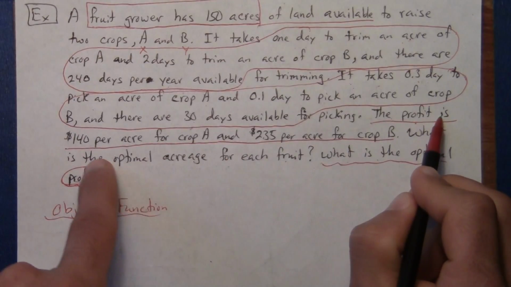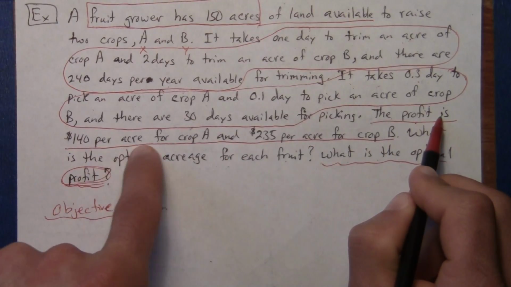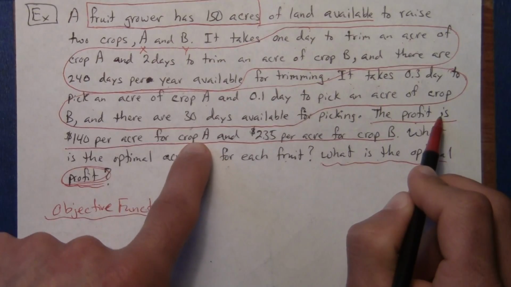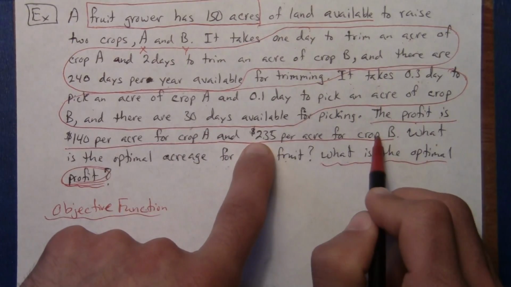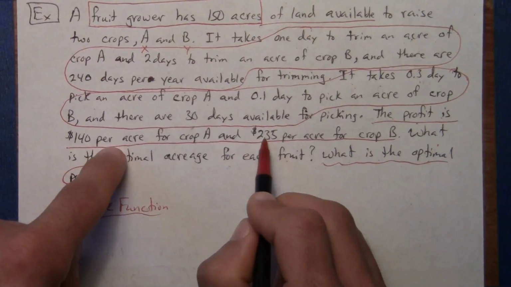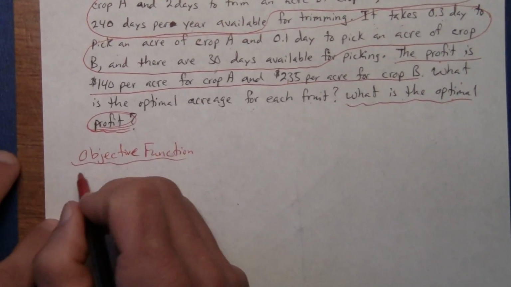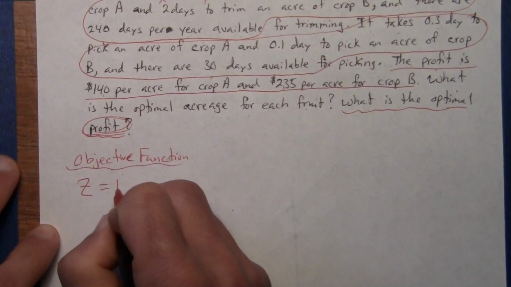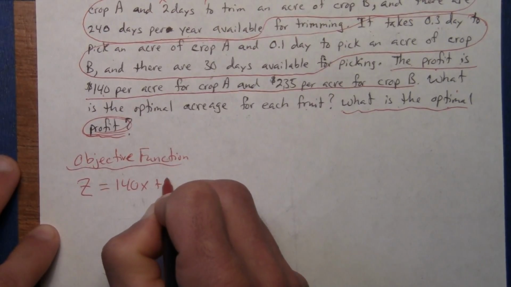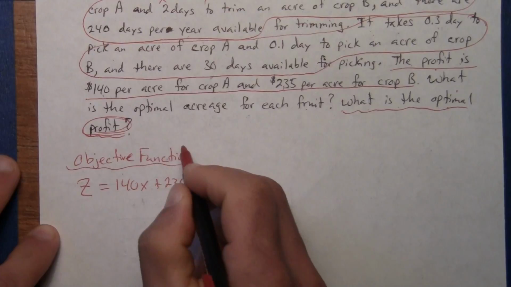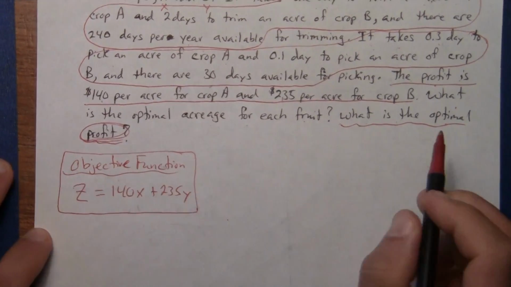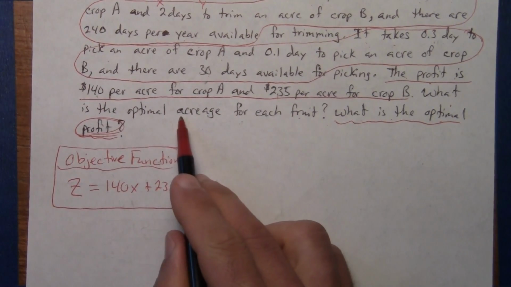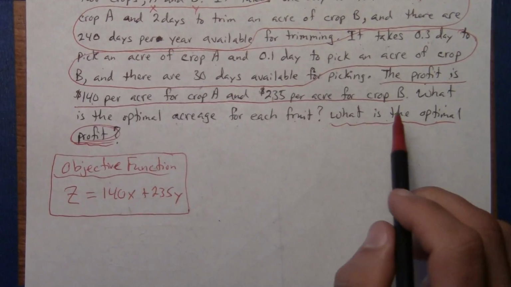The profit is 140 per acre for crop A, which remember we're calling X, and 235 for crop B, which we're calling Y. Those two numbers are going to be in the objective function equation. So my objective function is always Z is equal to, and then it's 140X plus 235Y. There's the objective function. I'm going to need that to answer the optimal acreage for each fruit anyway.